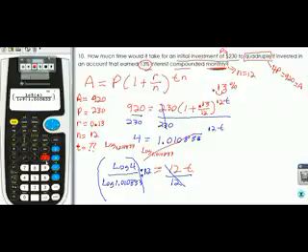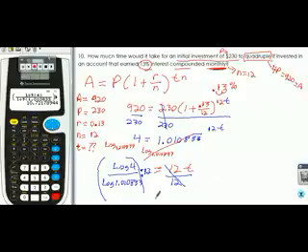Close the parenthesis and then divide by 12. And I get 10.721 years.